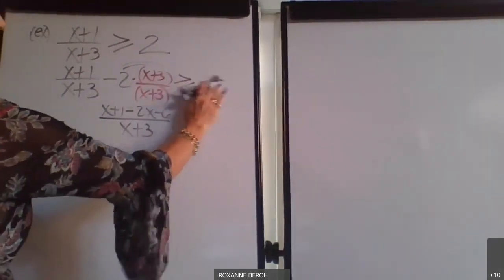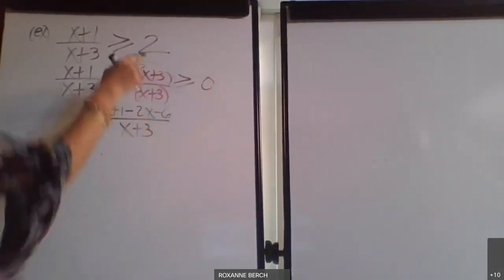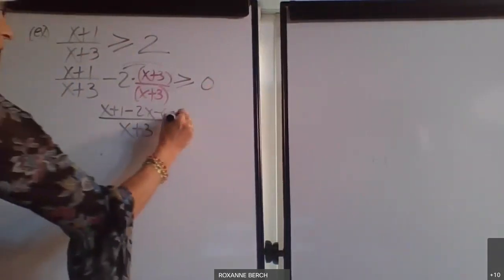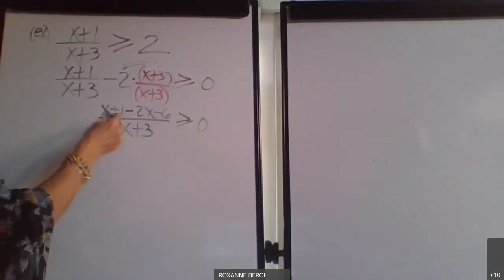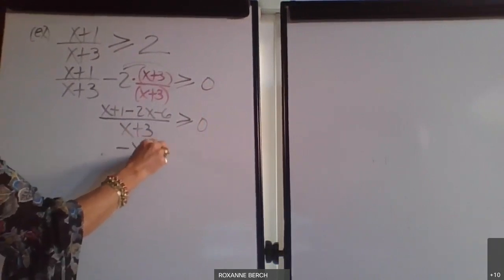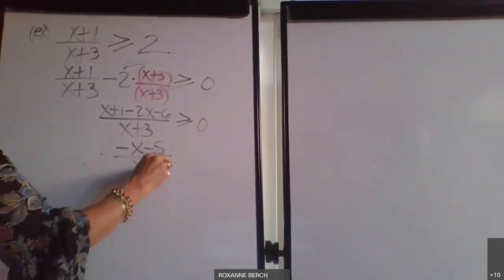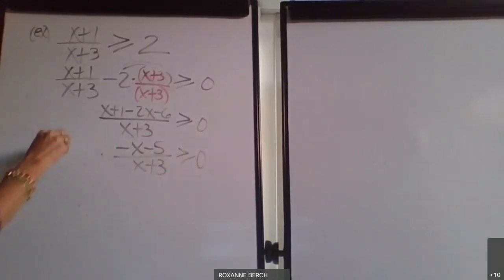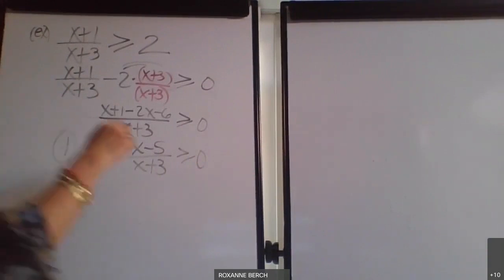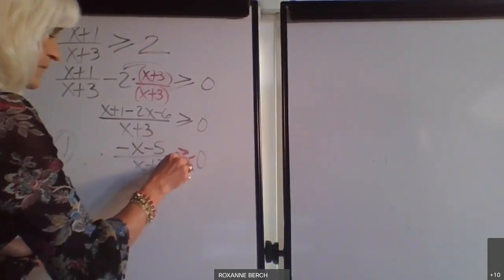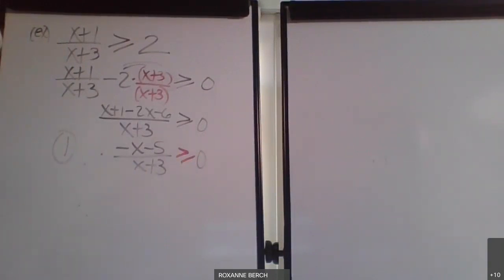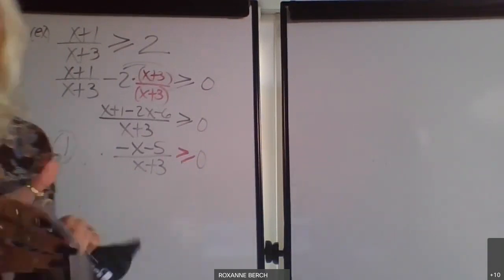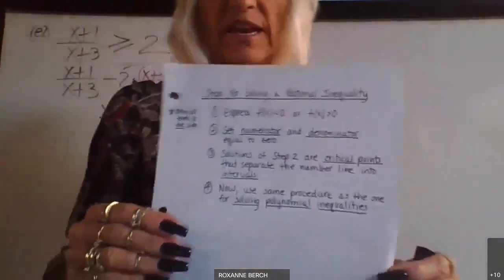Hold on, this should be 0, right? Subtract 2. So now you have negative x minus 5 over x plus 3, and now you're ready to start the problem. So we had to do all that work just to start the problem. So all I've done, you guys, is I've just set the inequality to 0, number 1.